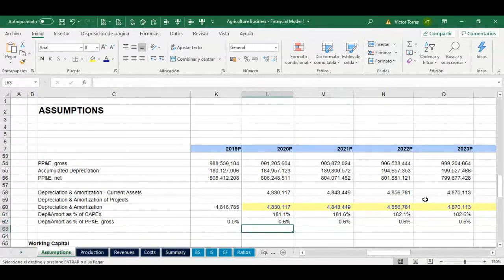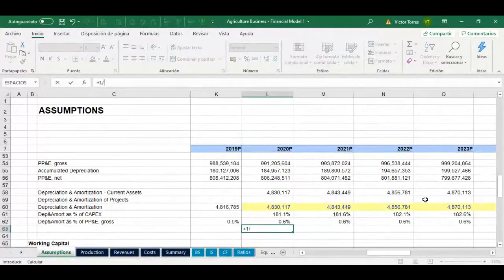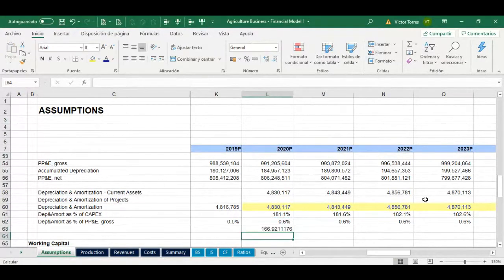And you are probably very familiar with the idea of coming up with how many years we are assuming here. What's occurring here is that there is significant PP&E that has already been fully depreciated, and in this case it wasn't working that easily. 166 years, it's completely out of the blue.